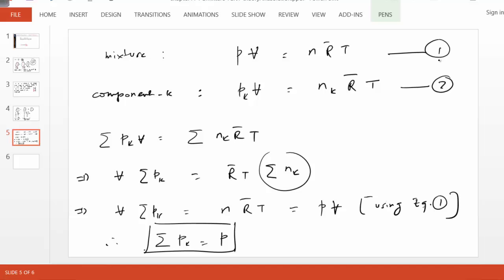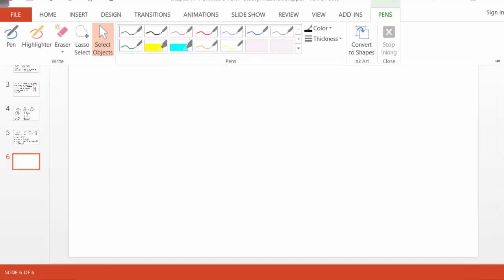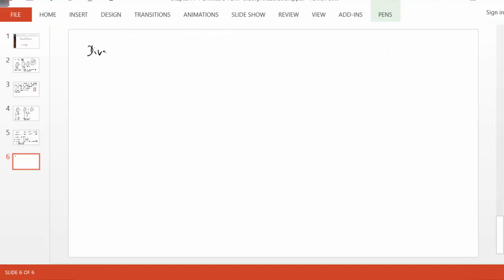Also, if we divide equation 2 by 1, we get another important relationship: the ratio of partial pressure to the total pressure is simply the mole fraction of component k.